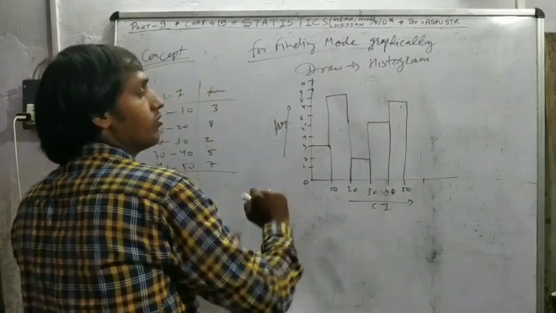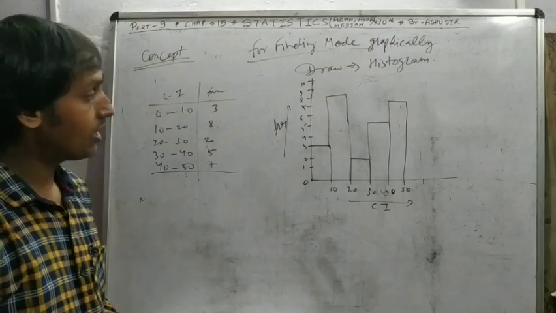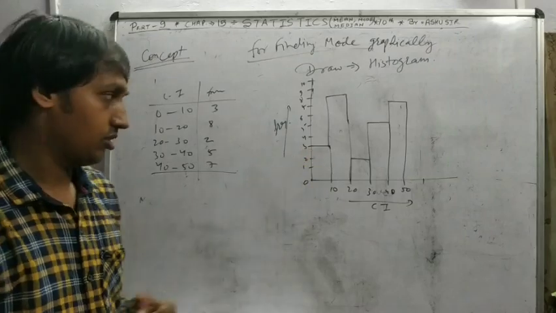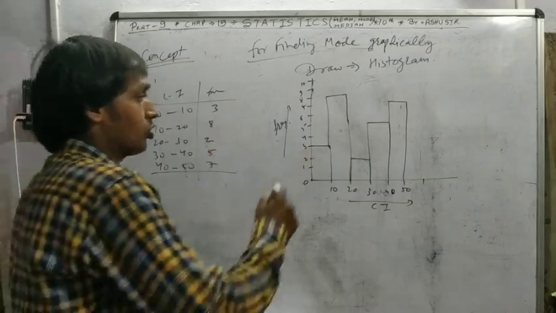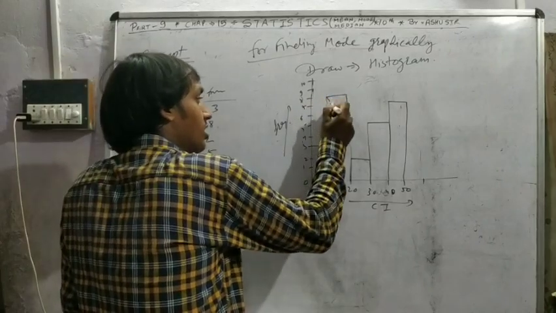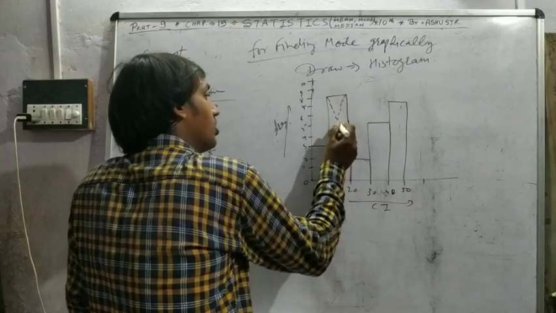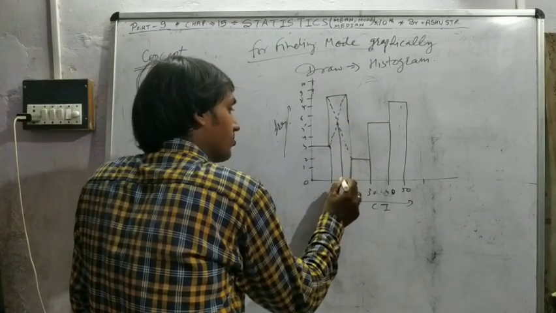This is the histogram you can draw in class 9th. But if we join the longest bar with the opposite, 8 is longest, so we join this to this and this to this. So this is the mode.